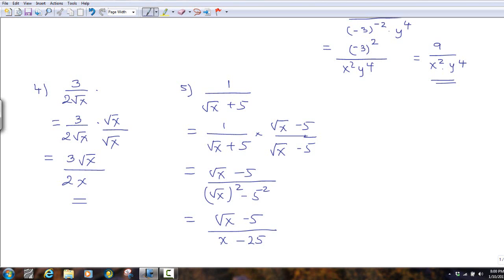So if you look at the denominator, there is no radical sign, so the denominator has been rationalized. Okay, so in order to rationalize the denominator or numerator that involve the radical sign, please remember to multiply and divide by the expression that involve the radical sign.